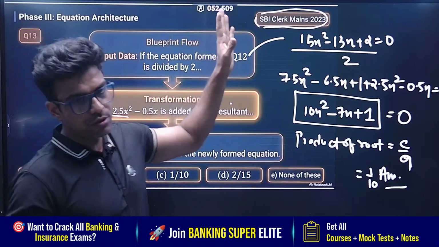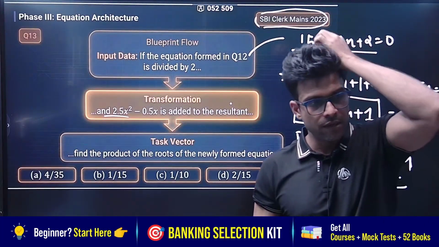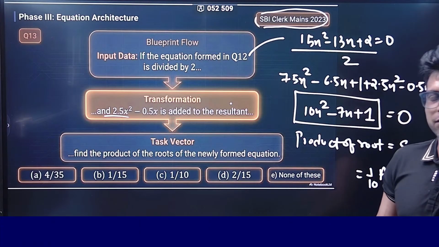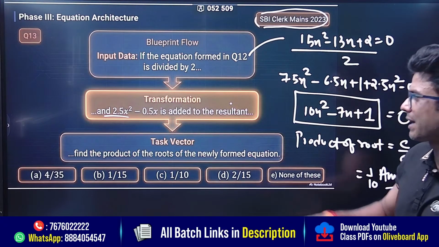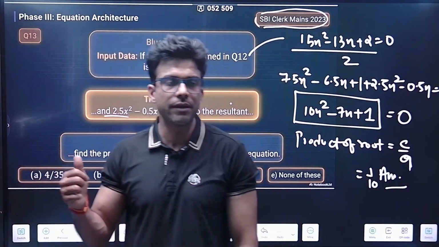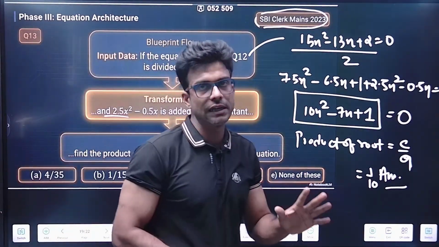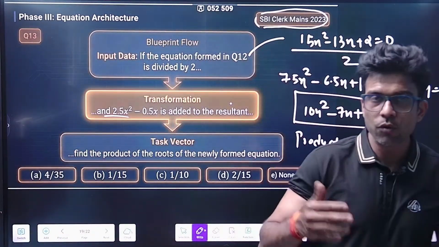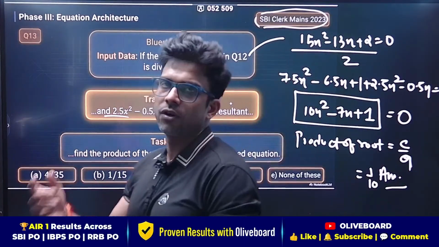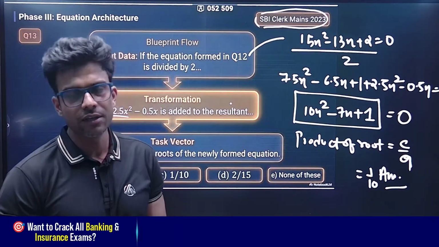Since SBI PO Prelims can do anything in the quadratic part, I haven't taken the easier questions this time. Earlier in some of my videos I have taken easier quadratic questions, but in today's session I haven't. I hope the session was fine and gives you another way of looking at quadratic equations. Is there any doubt?